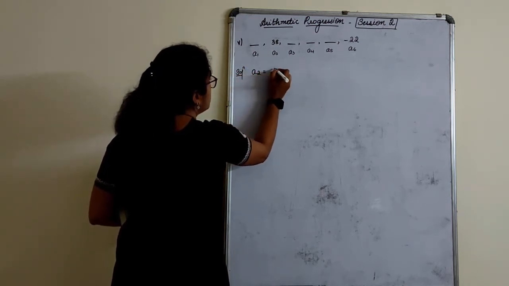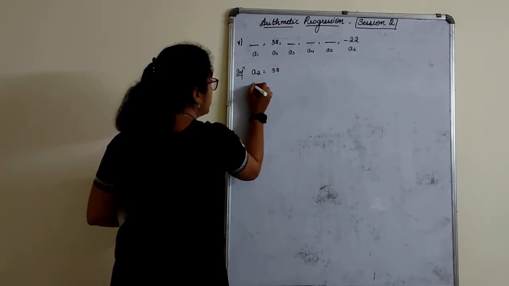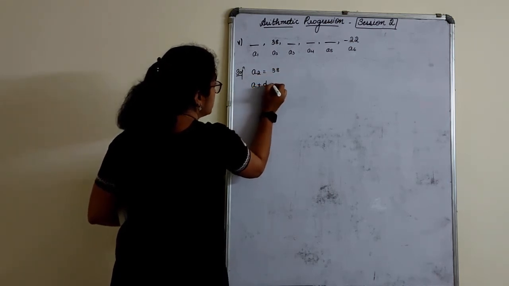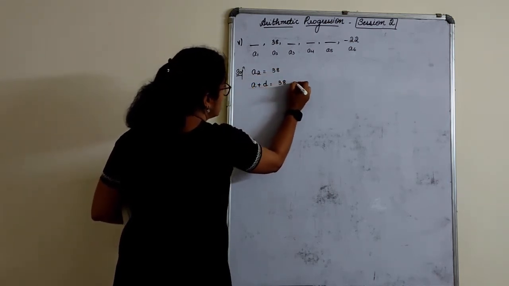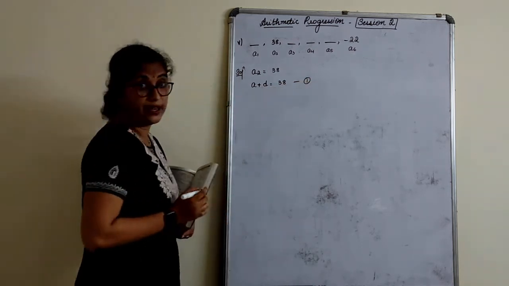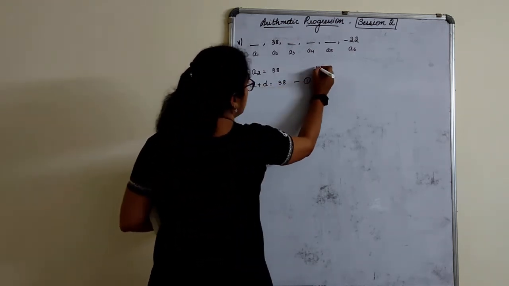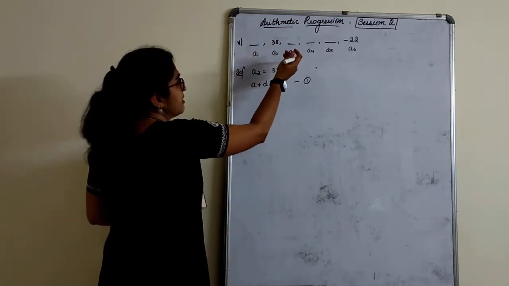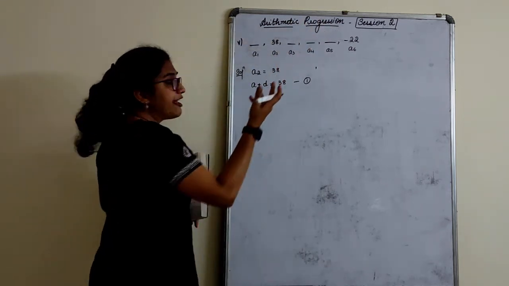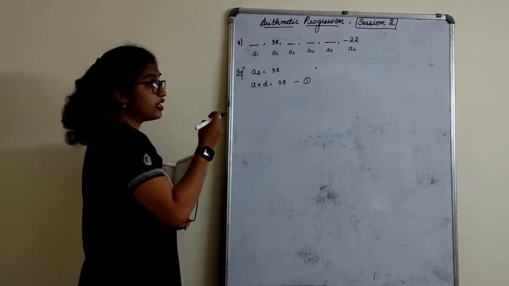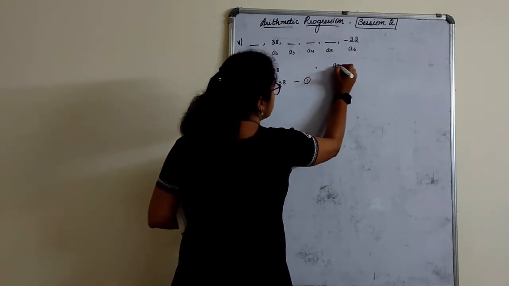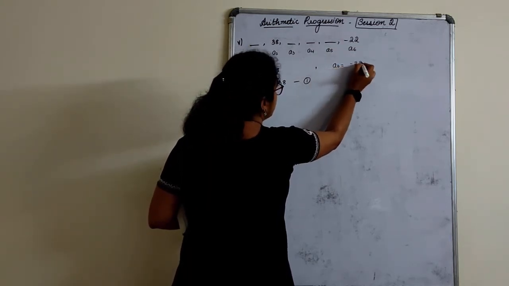A2 is equal to 38 can be written as A plus D is equal to 38, equation 1. How do we write this term now? It can be anything, children. Suppose if it was here, A4 will be written as. So identification of the terms. A6 is minus 22.